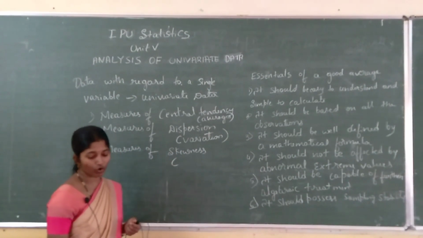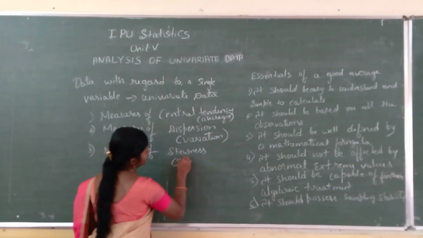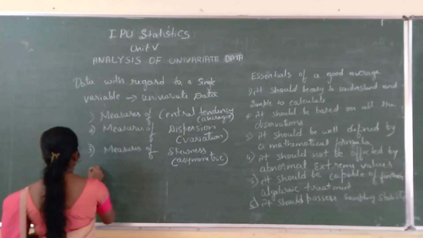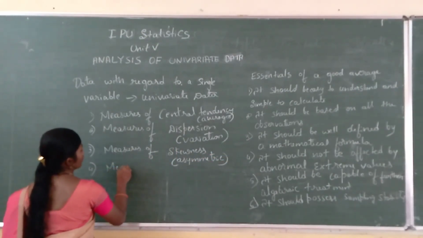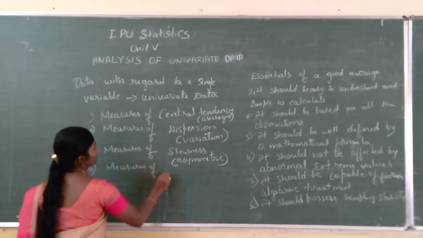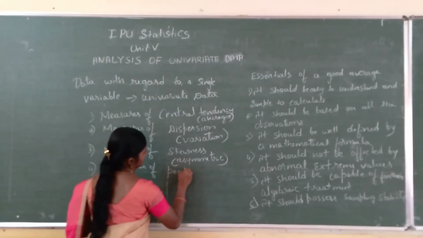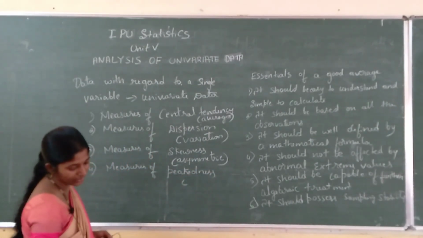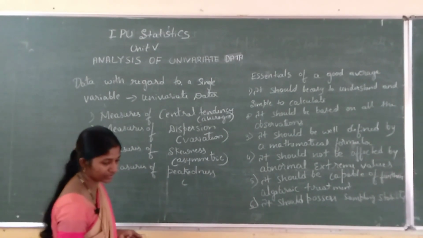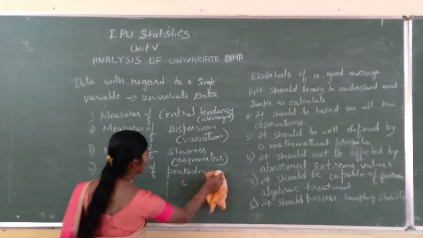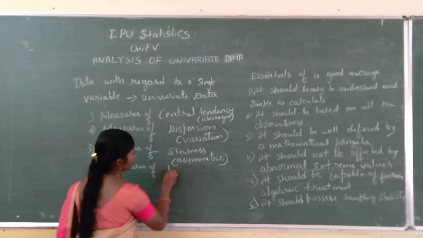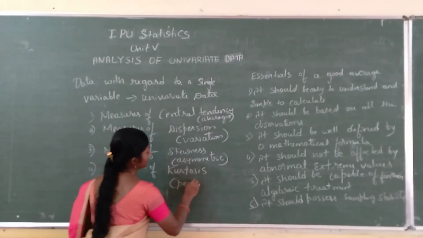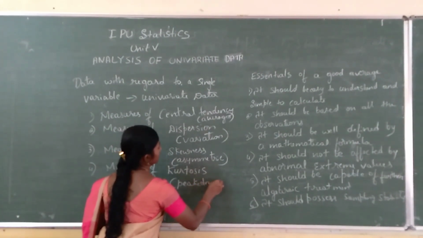This is also called asymmetry. Next, fourth, measures of kurtosis, also called peakedness.